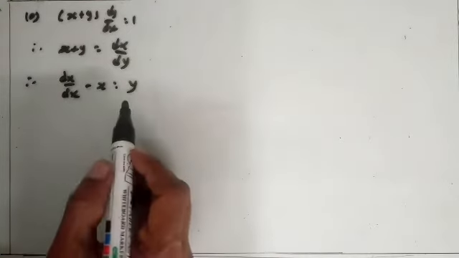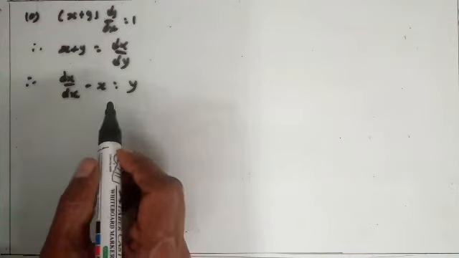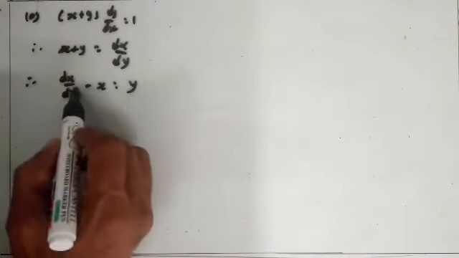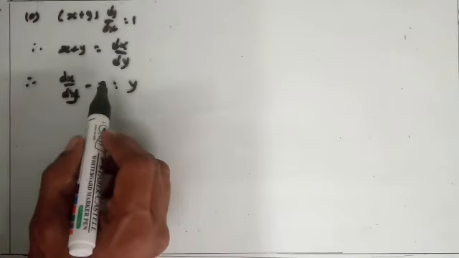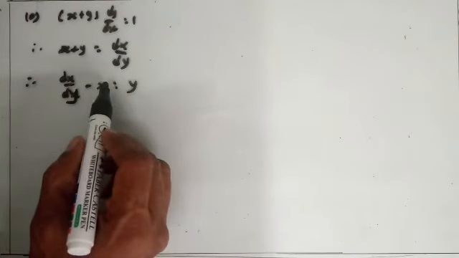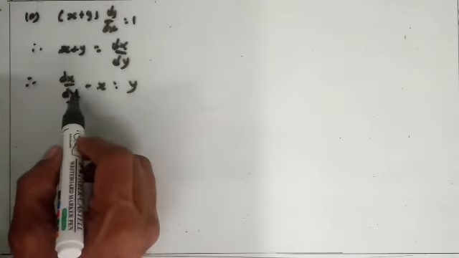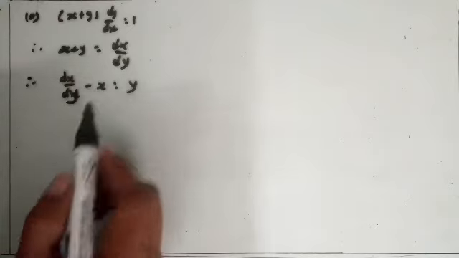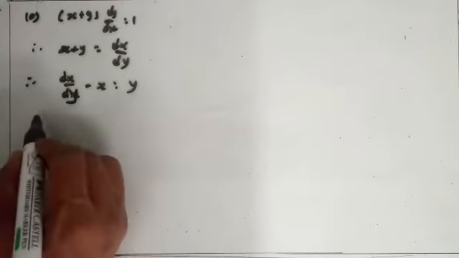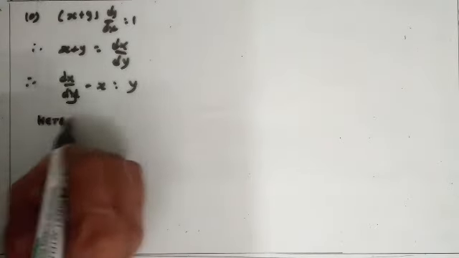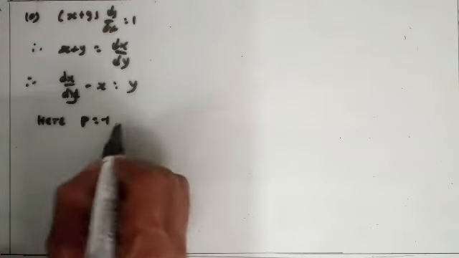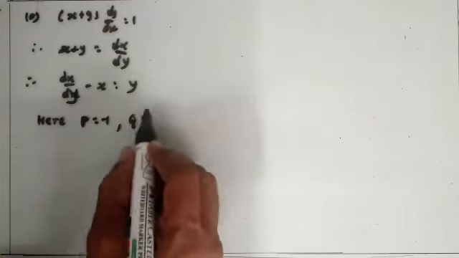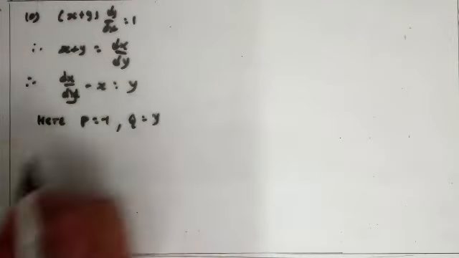So this becomes a linear differential equation. Here dx/dy is given, so P is a function of y, here a constant function, -1. Here P is -1 and Q is y.